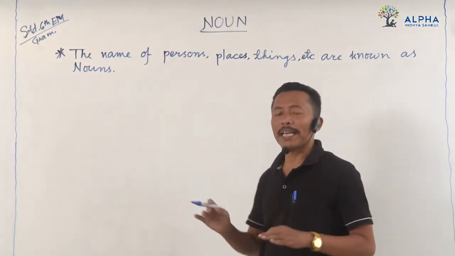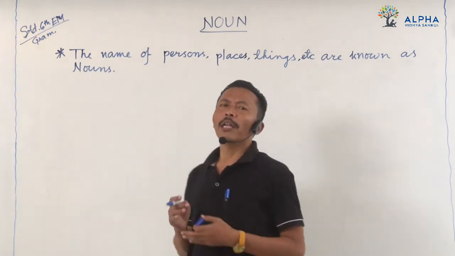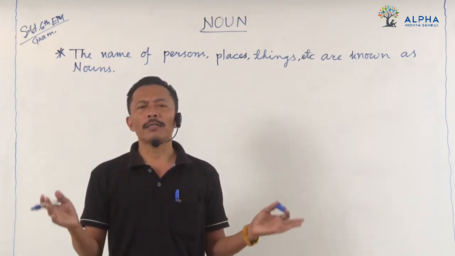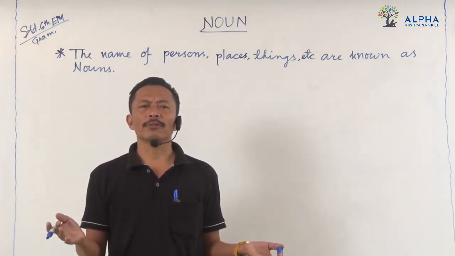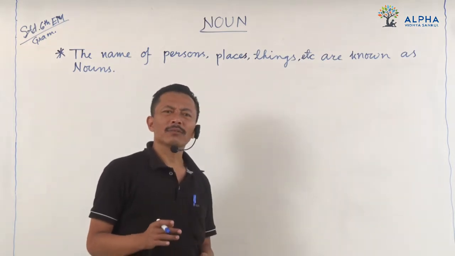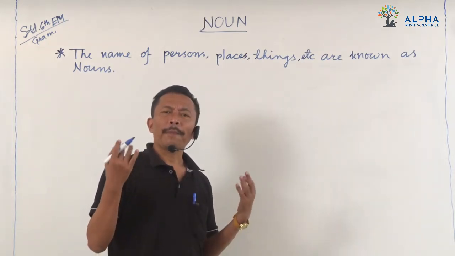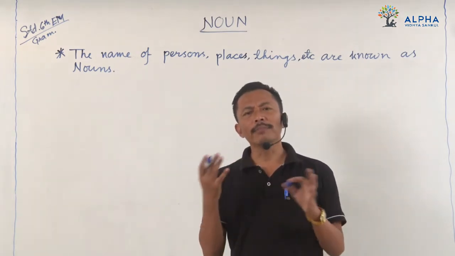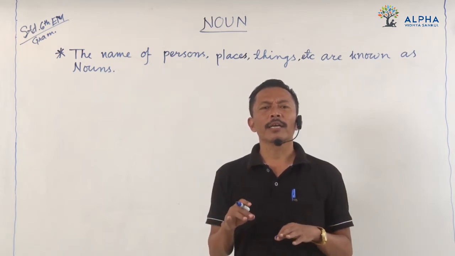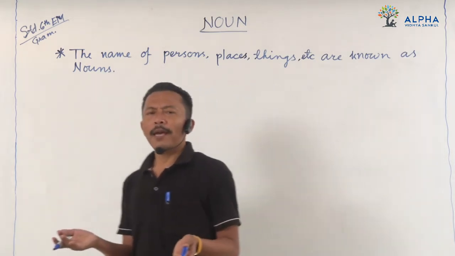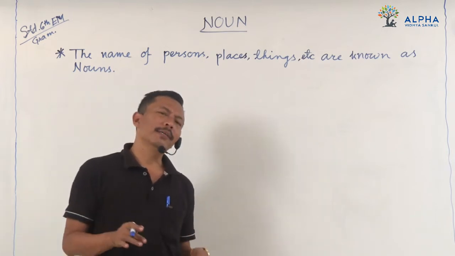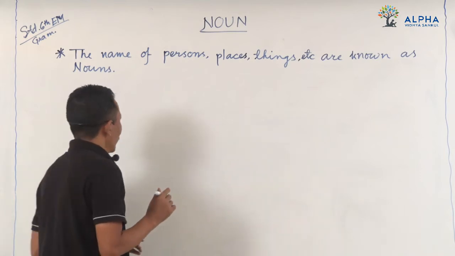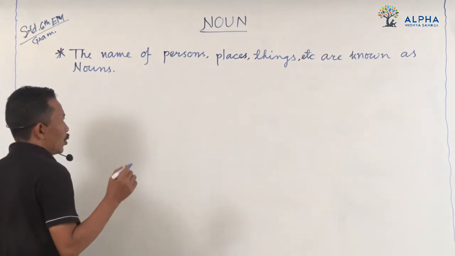And places. Name of your village, name of your town, name of your countries, cities. All are nouns. And things, anything. It may be pen, pencil, car, bus, or animals also. It includes wild animals, domestic animals, pet animals. All are nouns.